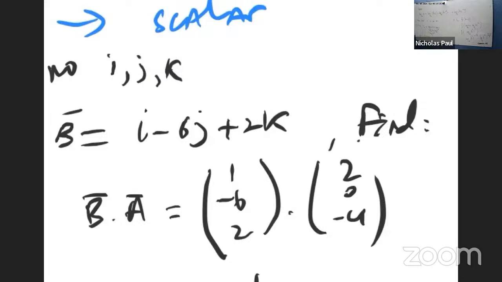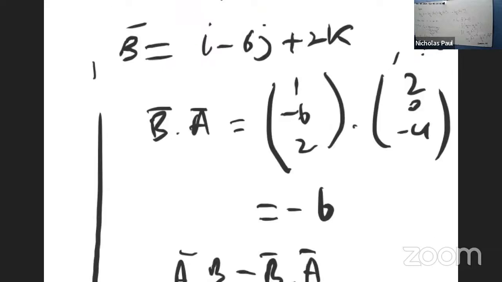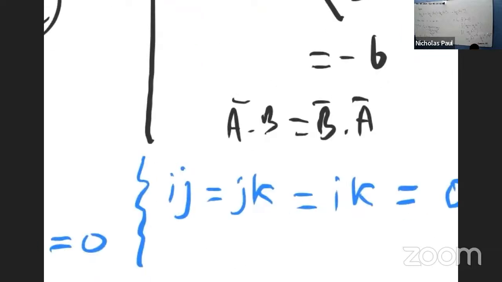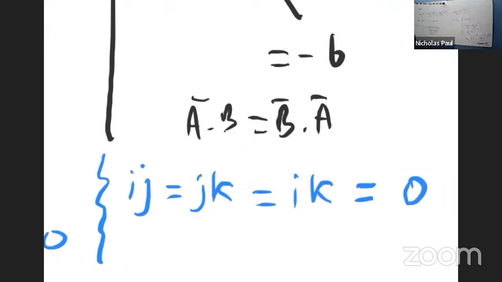What's the answer for B by A? Same thing? Once again. So it means that multiplication is what? Commutative. Right? And you have your I by J, J by K, I by K is 0.